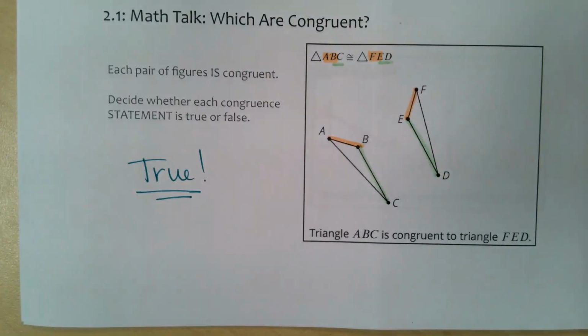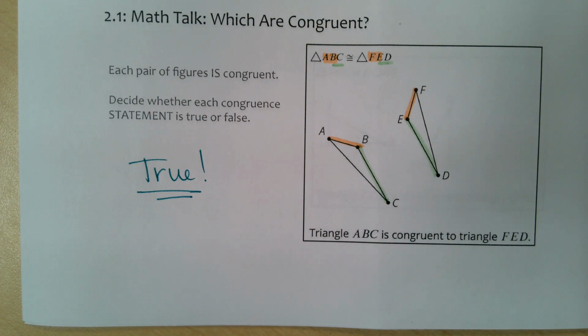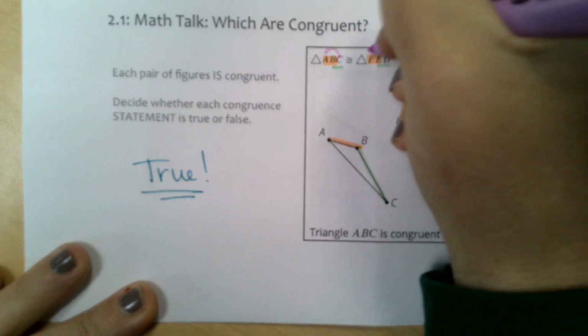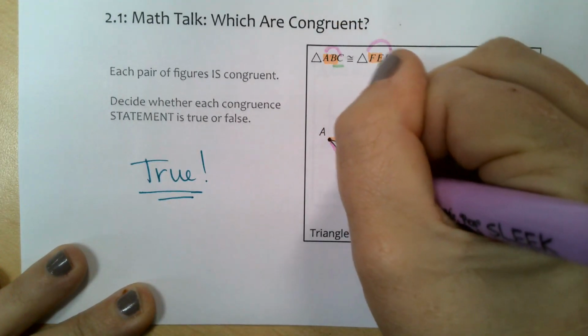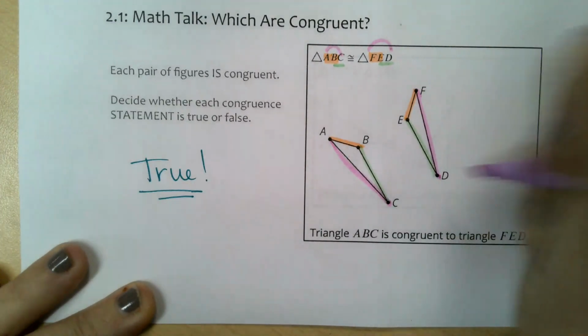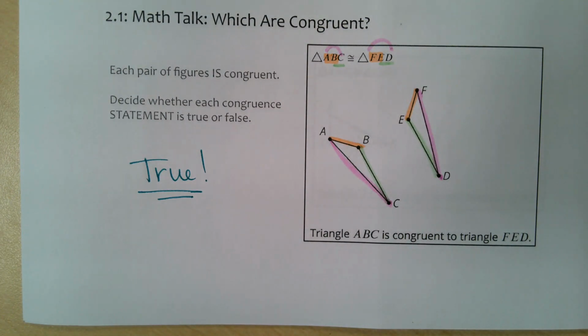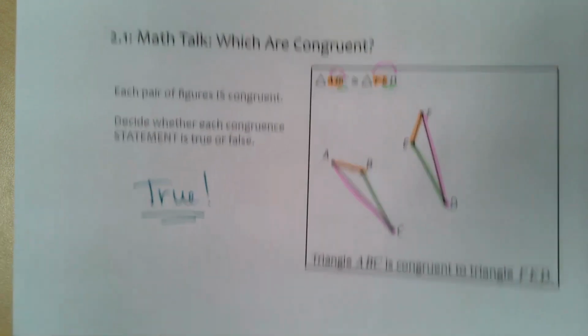And again, those are the corresponding pieces. And then last one, AC and FD. And we'll see that all of those are corresponding. So it is indeed true. If using highlighters or colors or whatever helps you, absolutely do that, because we're going to do a whole bunch of these, okay?